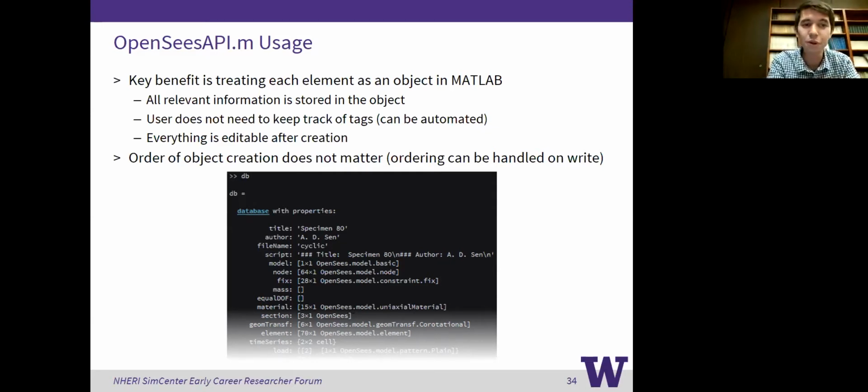The other component of that is the order that we define different objects doesn't really matter as long as it's logical. And then the code will go back and reorganize all of your objects and print them in Tickle in an order that makes sense. So not defining the elements before the nodes and all that stuff.